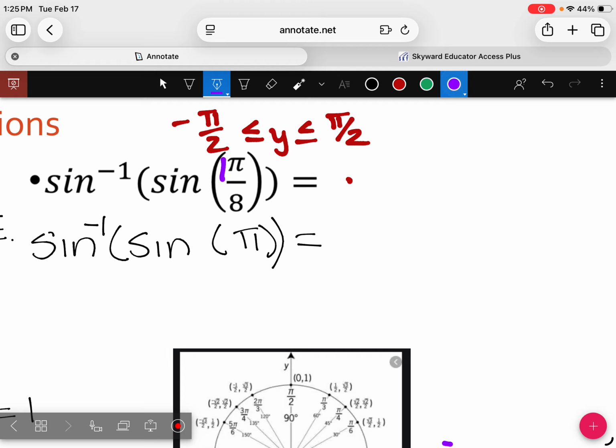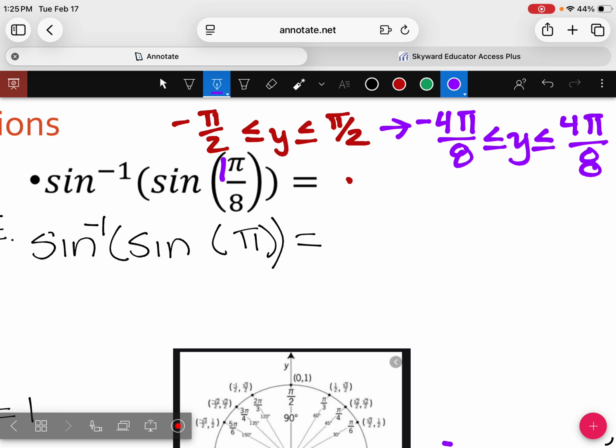So I'm going to rewrite my range as -4pi/8 and +4pi/8. So maybe this is a little easier. If I ask you if 1 is in between -4 and 4, I think you would probably know that it is. So my answer would be pi/8 because it's in between that range.